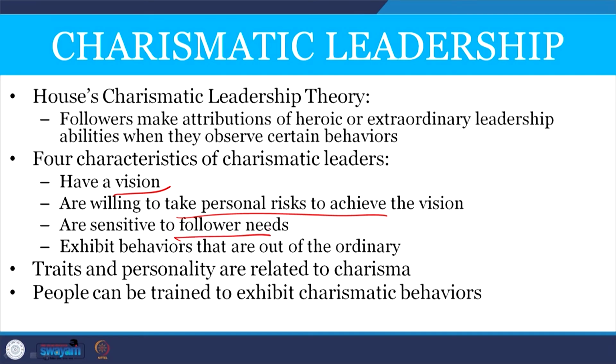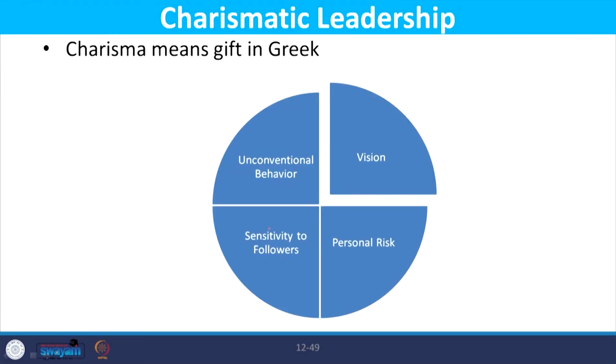They are very empathetic, they are emotionally intelligent, they step into the shoes of the followers to understand their needs, their motivational levels, and how to motivate subordinates. Each individual's needs would be different. So, they exhibit behavior that is out of the ordinary. Their traits and personalities are very similar to the charismatic leader, and people can be trained to exhibit charismatic behavior.